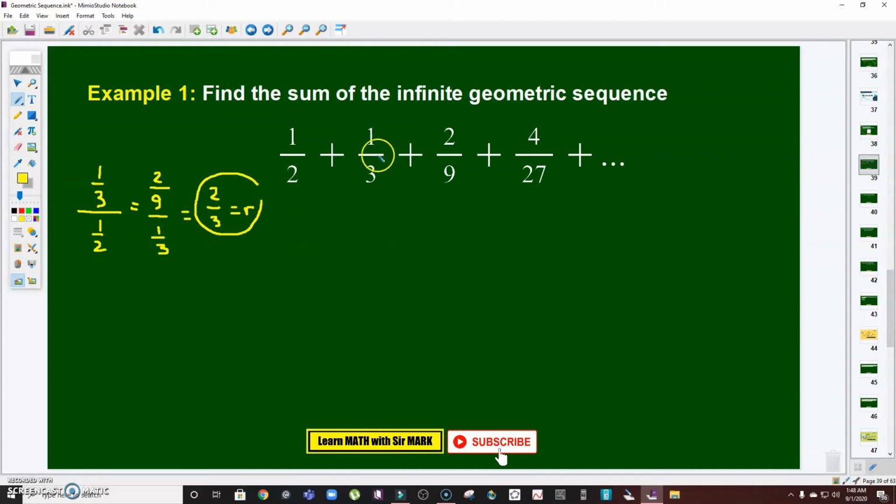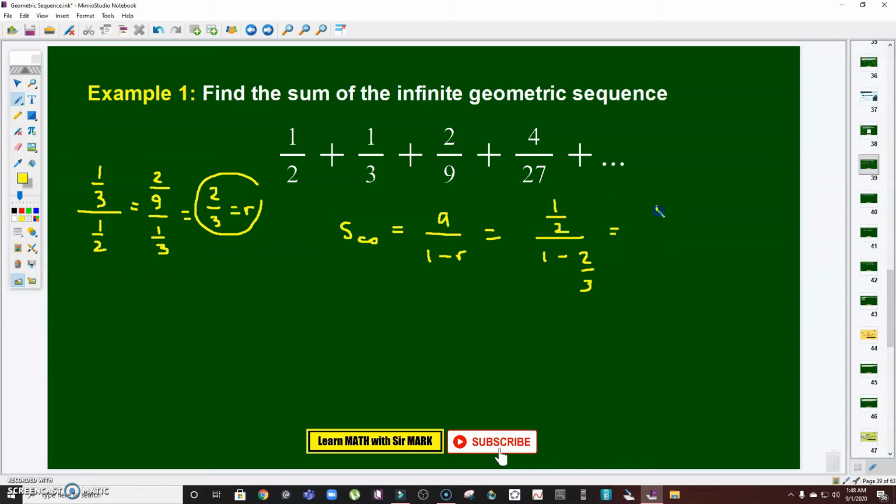Now, since clear tayo na geometric yan, I can now apply this formula. The common ratio natin is less than 1. So that is a over 1 minus r. That will be 1/2 over 1 minus the common ratio, which is 2/3. See that?